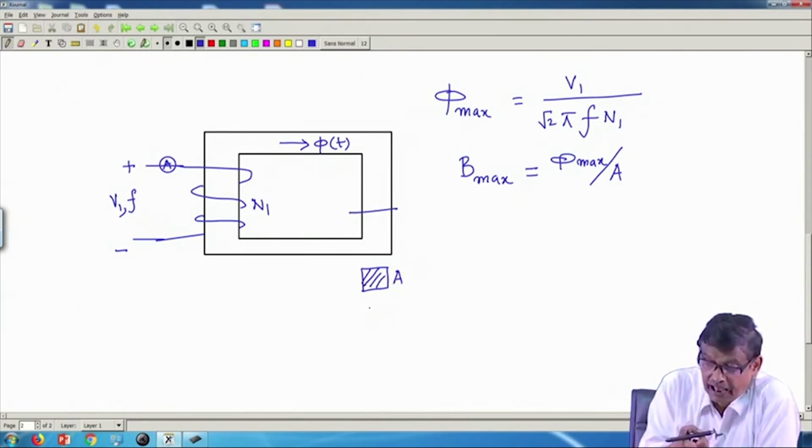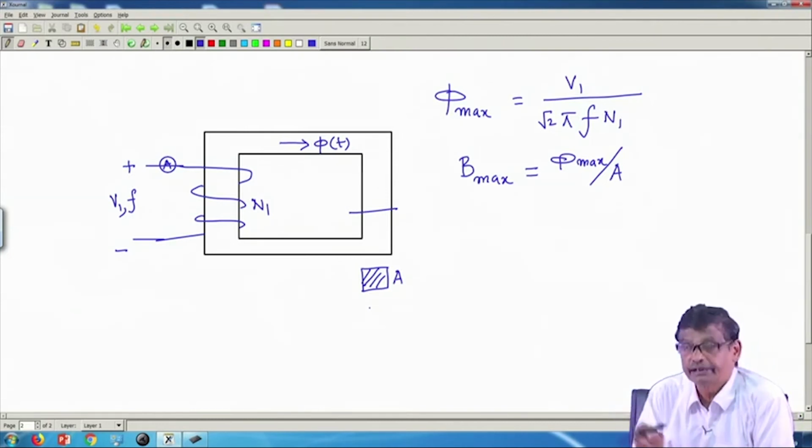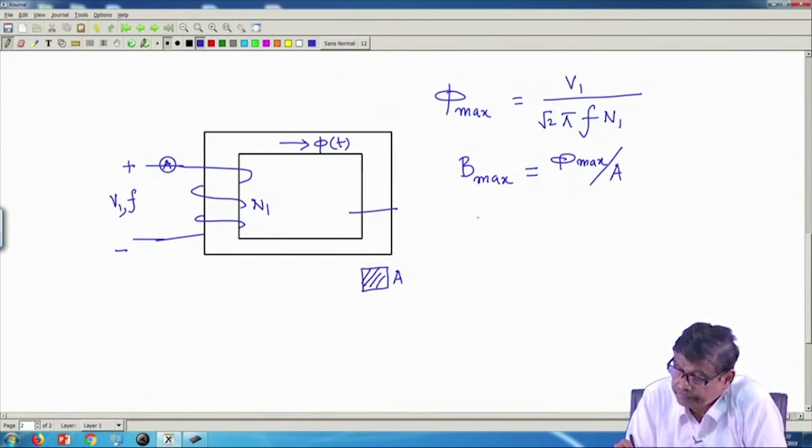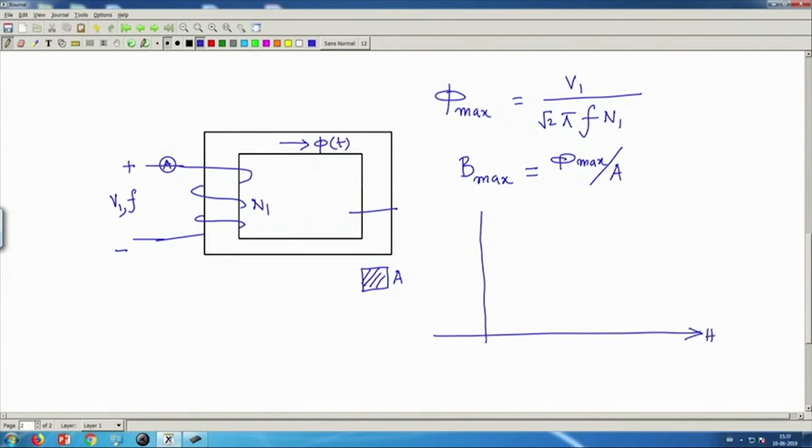Then I have to calculate the value of the current. I will ask, what is the BH characteristic of this material?